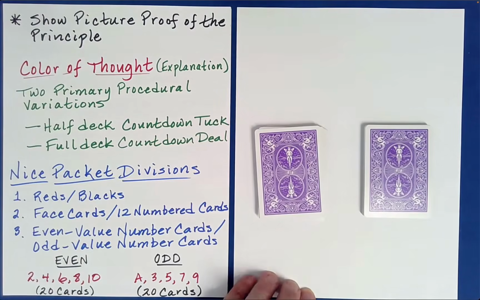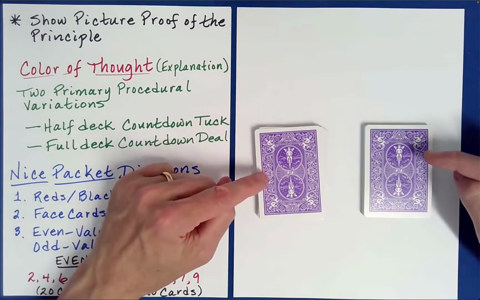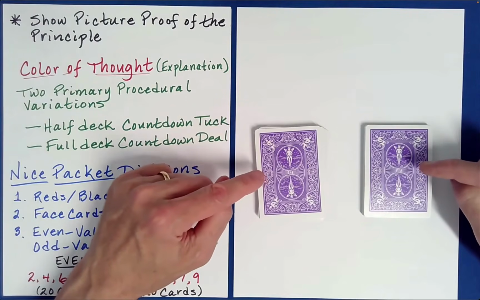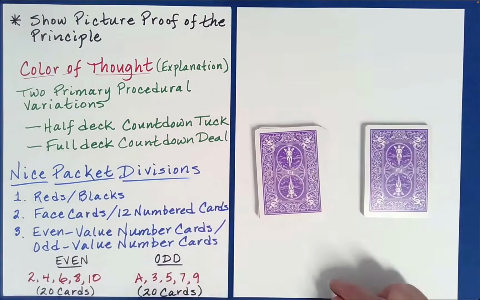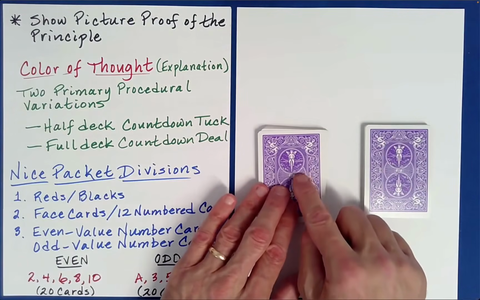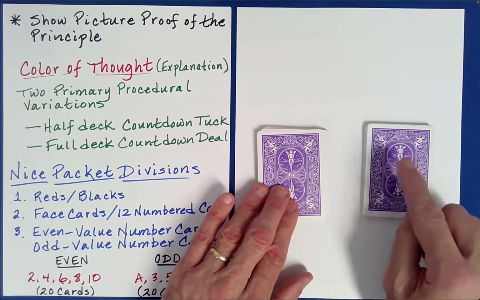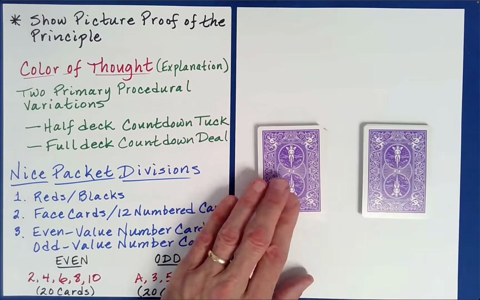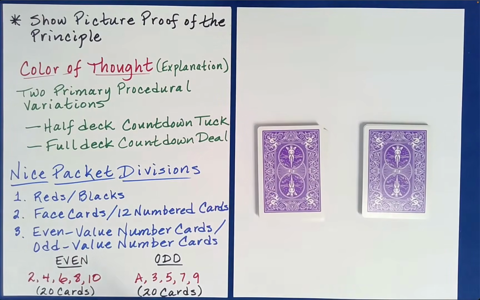So that really is the engine driving it, a clever use of the fact that these packets have the same quantity of cards, but of the opposite color. So same number of red as blacks here, same number of blacks as reds here. Okay, so that's the principle itself and a fairly simple application of the principle.